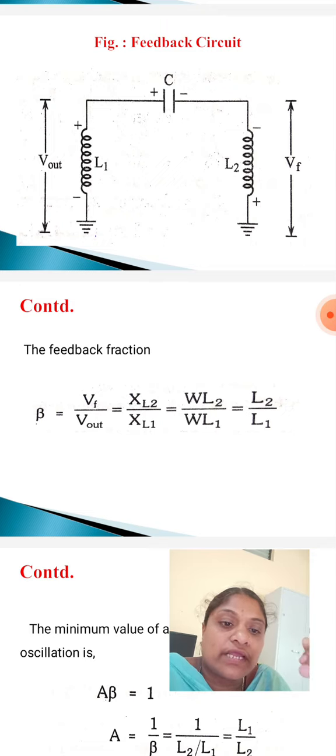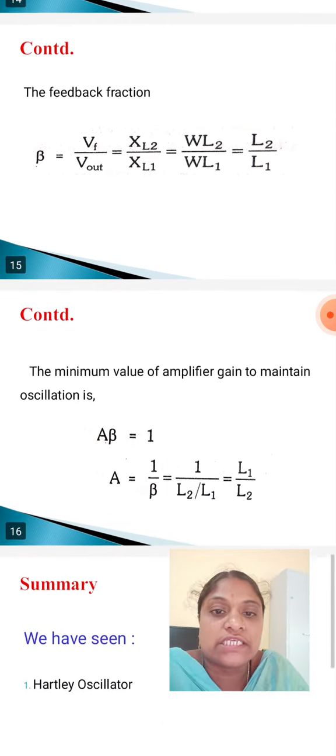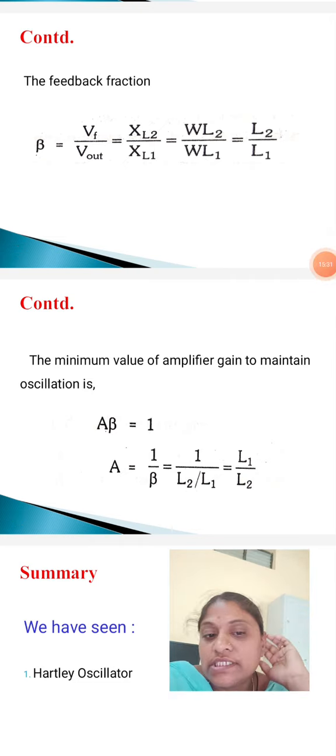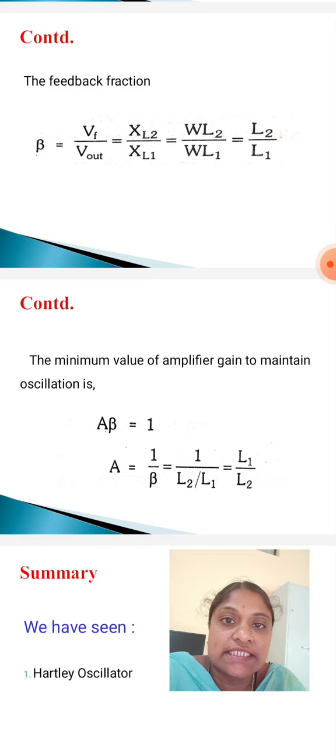Omega in the numerator and denominator is the same value, so omega gets cancelled. Then beta is equal to L2 by L1. Okay, so this is the feedback fraction in the Hartley oscillator: beta is equal to L2 by L1.